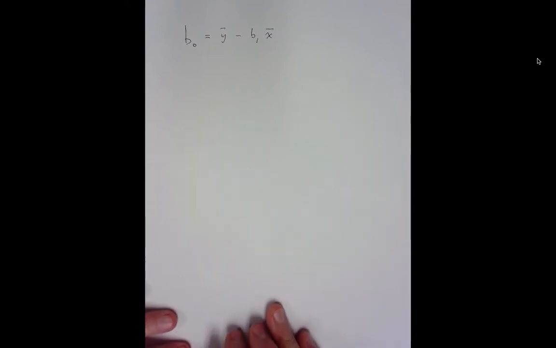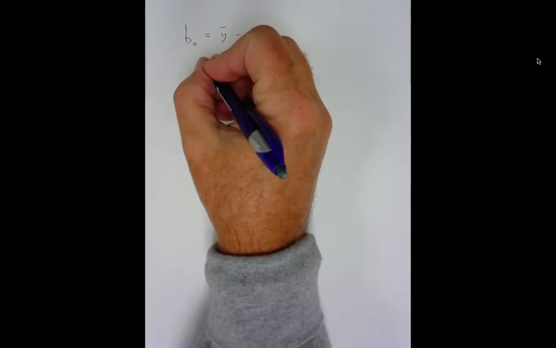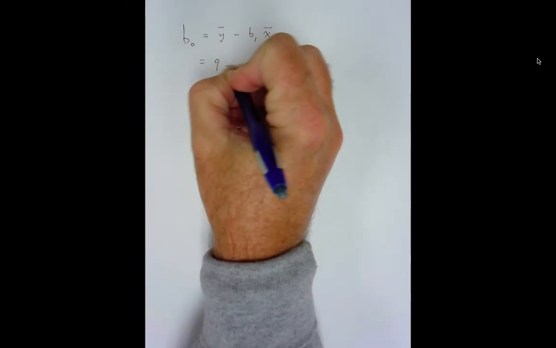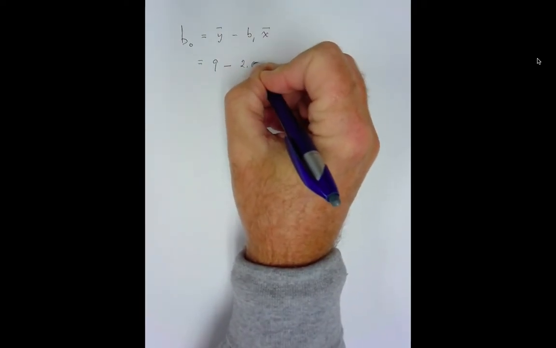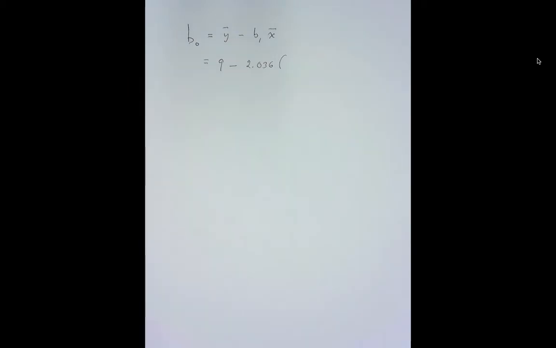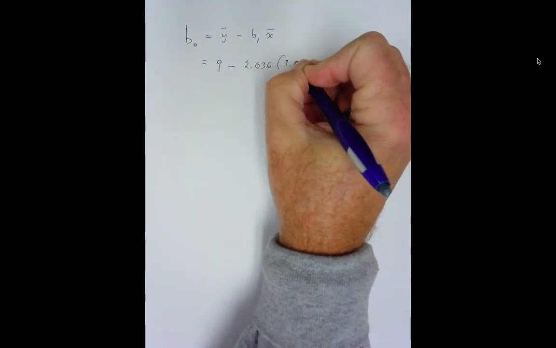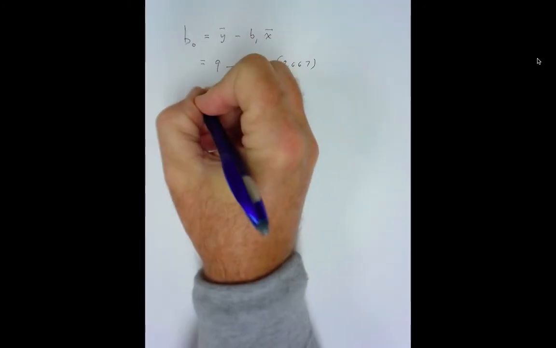So guys, the mean for y is going to be 2 plus 10 plus 15 divided by 3, which is 9, minus our B1 times the mean of x. The mean of x is 11 divided by 3, which is 3.667.